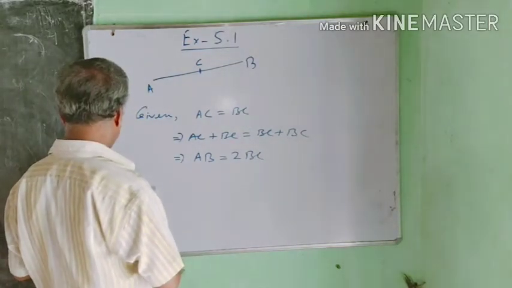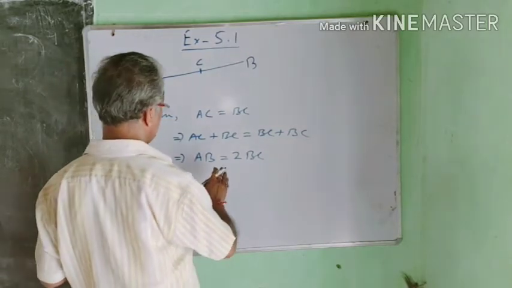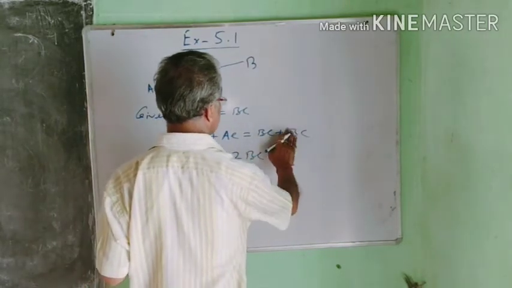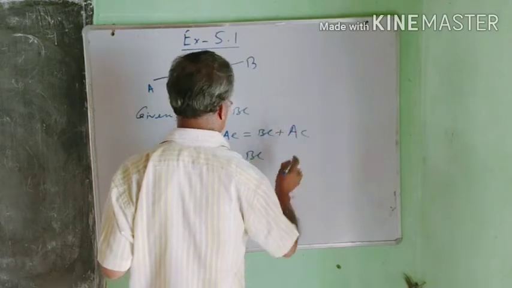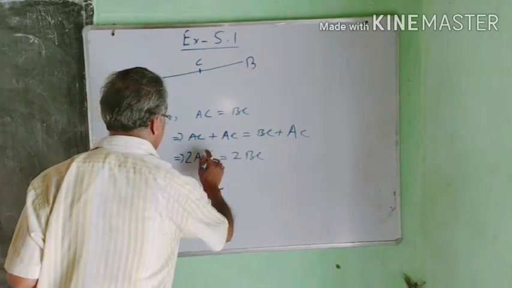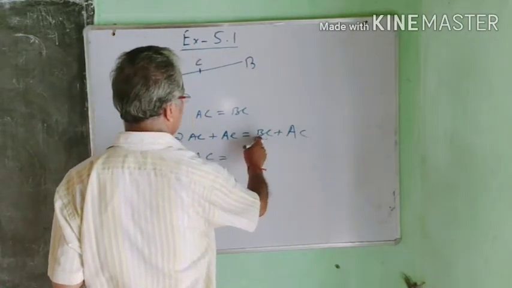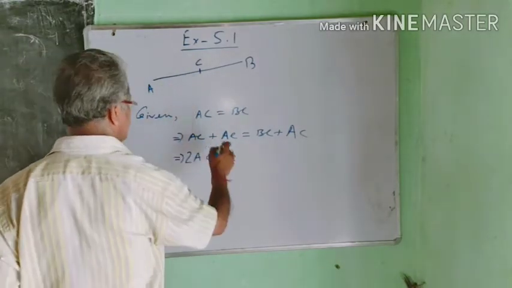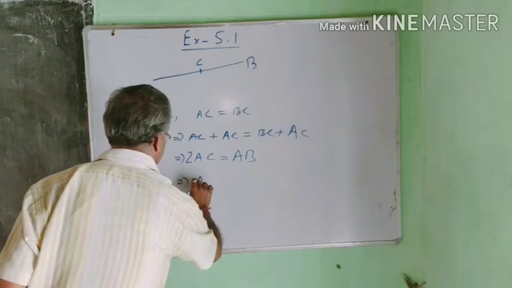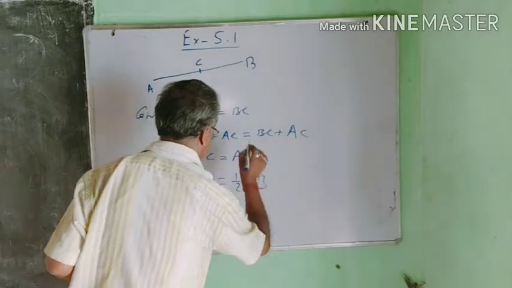You have to prove AC is equal to half AB. Sorry, rather we should have added AC on both sides. So AC plus AC is twice AC. Twice AC is equal to BC plus AC. BC plus AC is AB. Hence AC is equal to half AB.